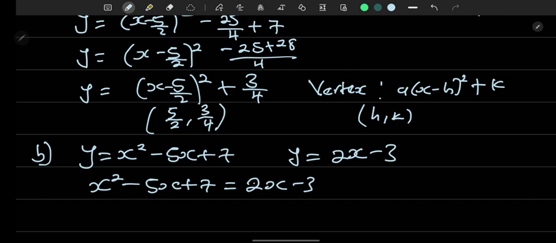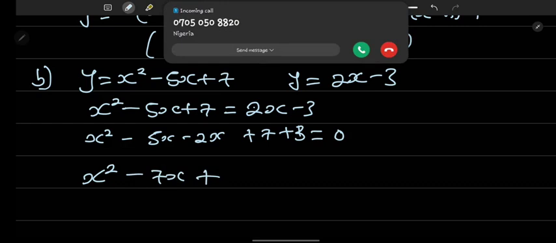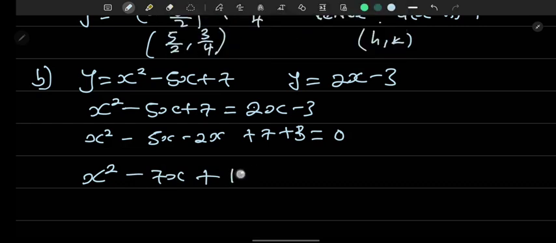We rearrange this in terms of a quadratic equation, so that we have x squared minus 5x minus 2x plus 7 plus 3 equals 0. So this is x squared minus 5x minus 2x, that's minus 7x, then 7 plus 3, that's 10, equals 0.